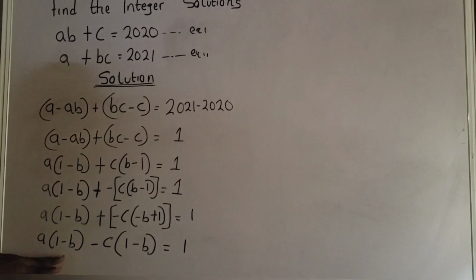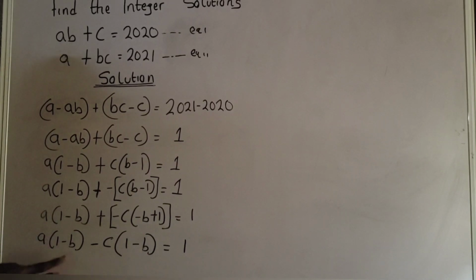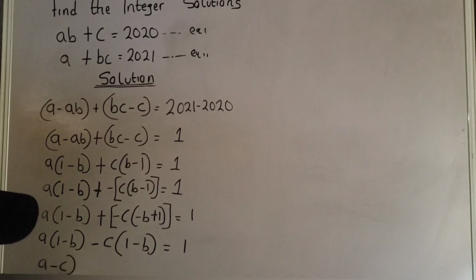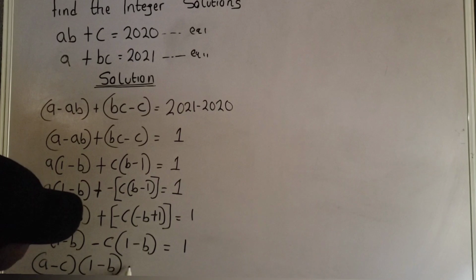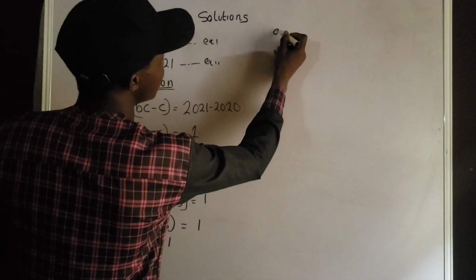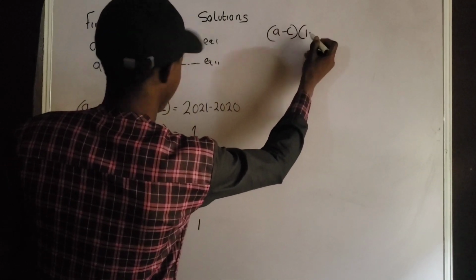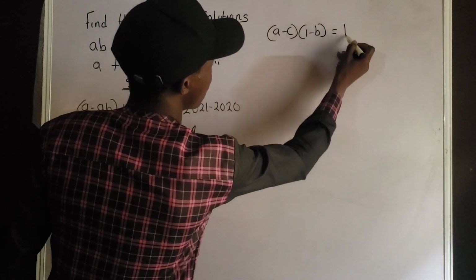The content of this bracket is the same as the other. So I can take this (A - C)(1 - B) = 1.